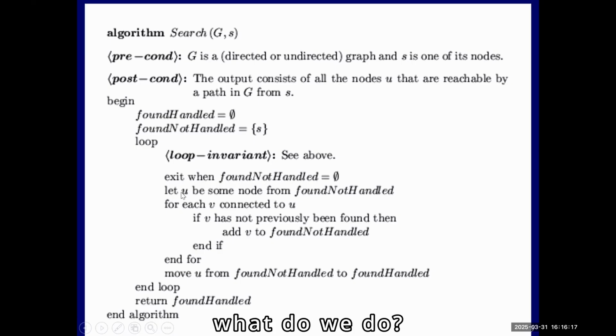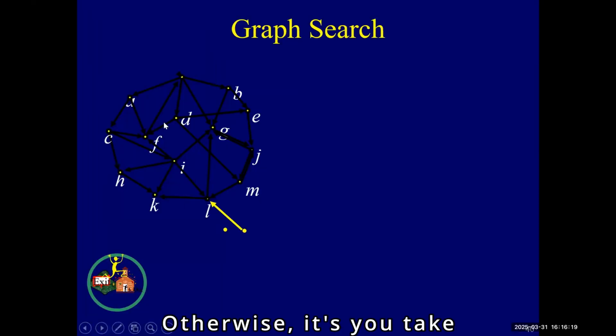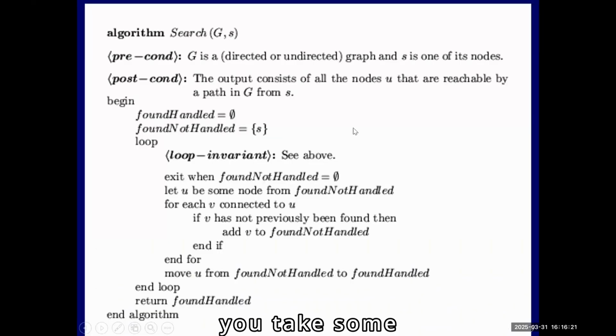Otherwise, you take some node that is found and not handled and handle it. How do you do that? You look at all the nodes V that it's adjacent to, and if V hasn't previously been found, then say it's found and not handled. If it's already been found, then you ignore it. And that's the algorithm.